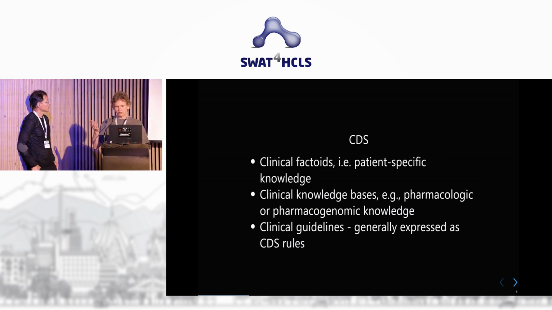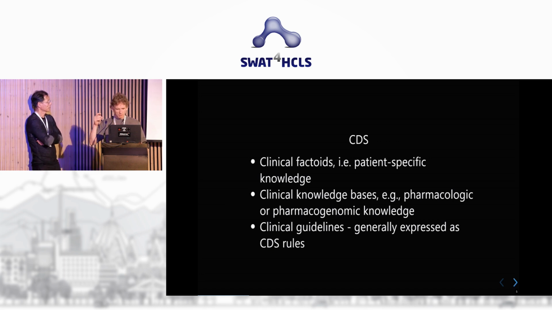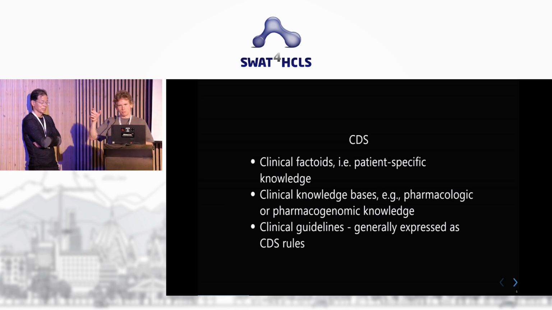So clinical decision support is typically a bunch of clinical factoids about the patient, like the state of their genomics, their metabolism, how many organs they've got and where they are. Clinical knowledge bases typically hold information about whether a particular SNP reduces the metabolism for some medication, and therefore you have to reduce the dose.